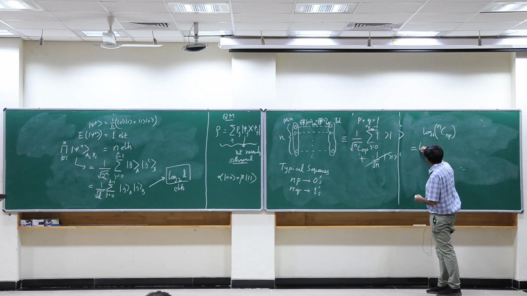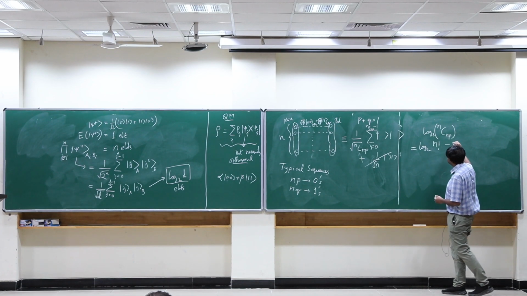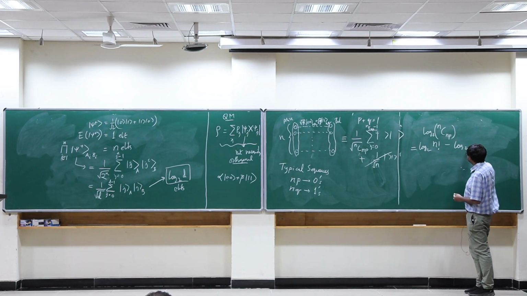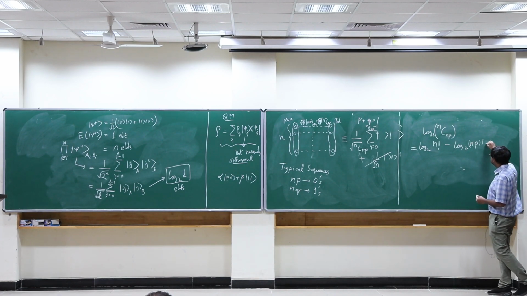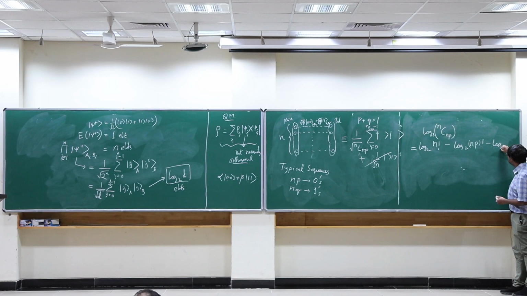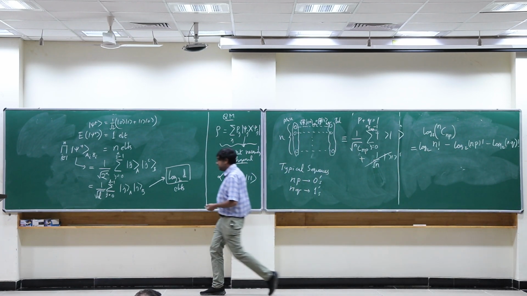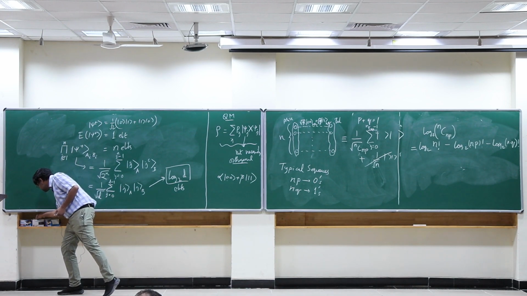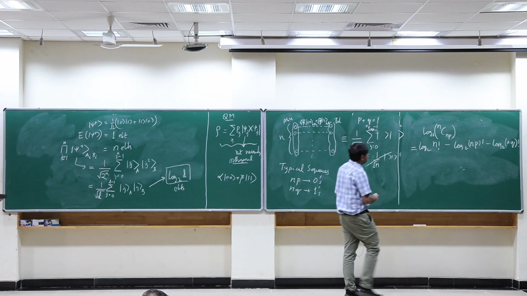So this is log to the base 2 of n factorial minus log to the base 2 of np factorial minus log to the base 2 of nq factorial. So what's going to happen here?